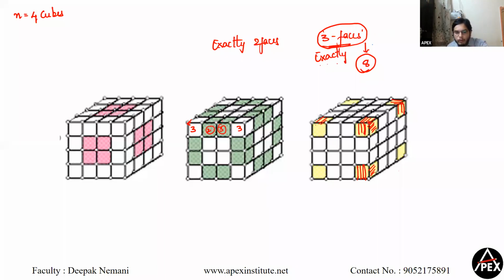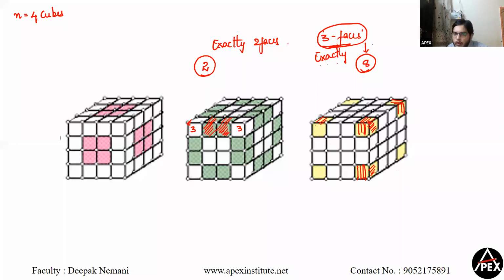Now these two cubes will have exactly 2 faces painted. For this cube, it is top face and front face, isn't it? So can I say that along each edge we have 2 cubes which have exactly 2 faces painted?